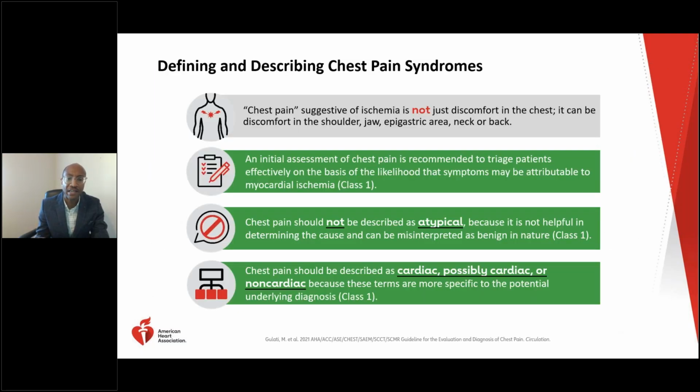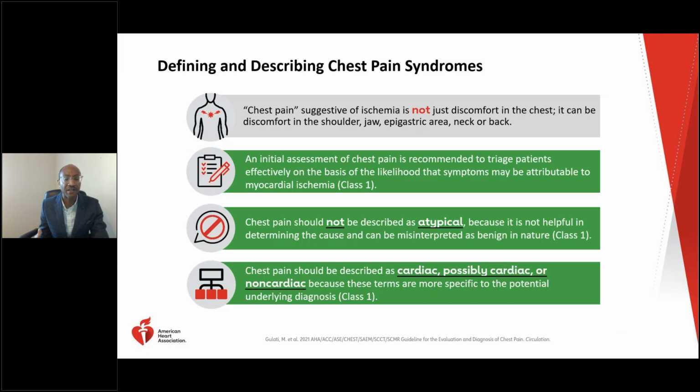And so the guidance that's been provided to us from the guideline writers really is charging us to define and describe our chest pain syndromes differently than the way that we have previously. Recognizing that chest pain suggestive of ischemia is not just a discomfort in the chest. It really can be a discomfort in the shoulder, the jaw, the epigastric area, the neck, the back specifically, and that we probably should be moving away from the term atypical, recognizing that atypical may downplay one's symptoms and may misinterpret the language as describing one's chest discomfort as being more benign.